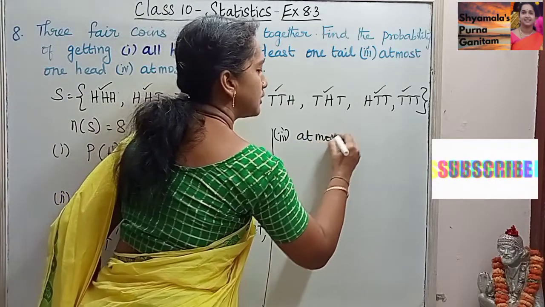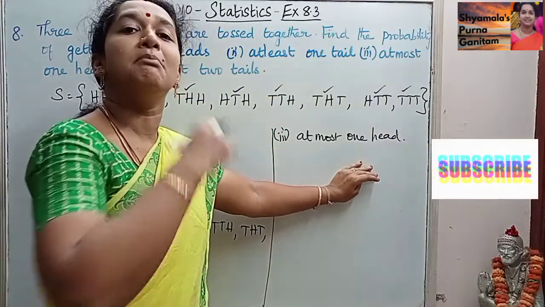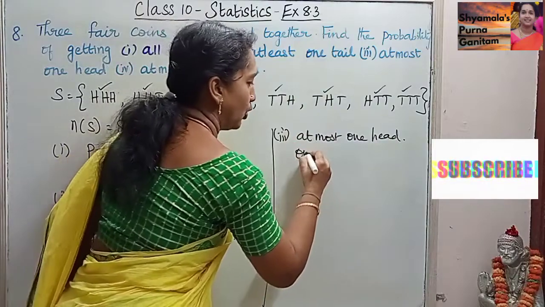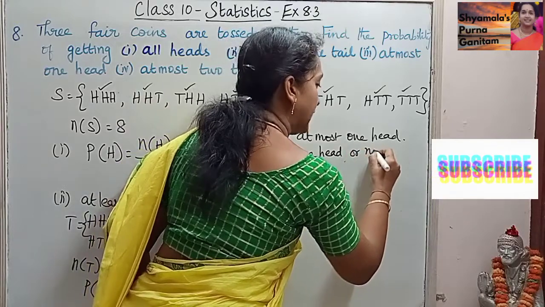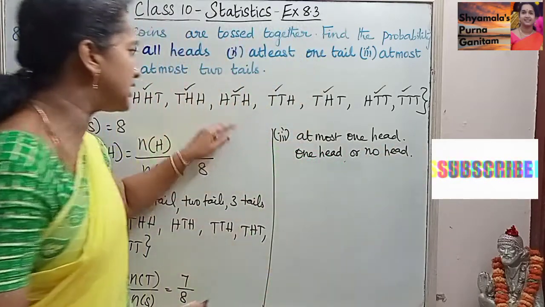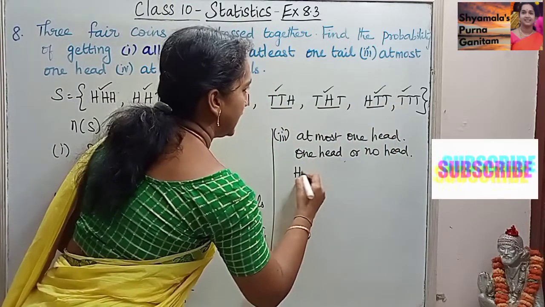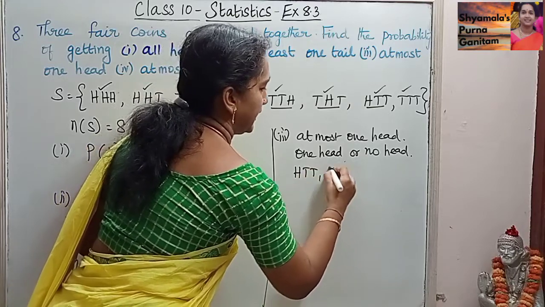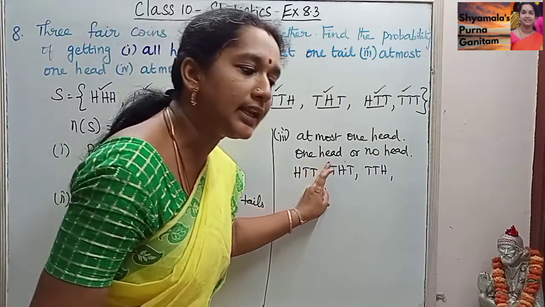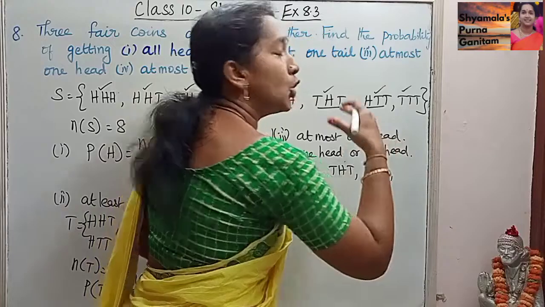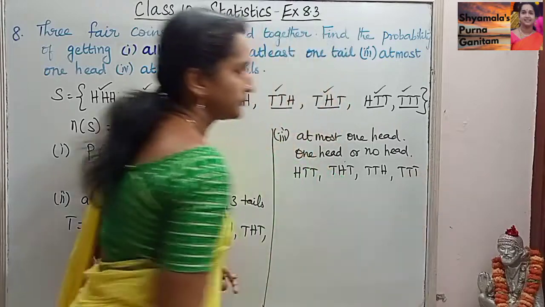Then third one is at most 1 head. At most 1 head means maximum is 1 head. So we will take the outcomes that have 1 head or no head. 1 head outcomes are H, T, T, then T, H, T, and then T, T, H. These are the ones that have only 1 head. And other than this, one outcome has no head, only tails.